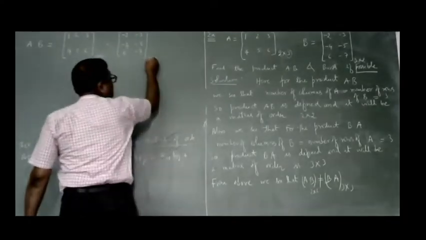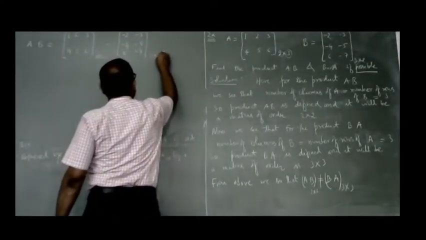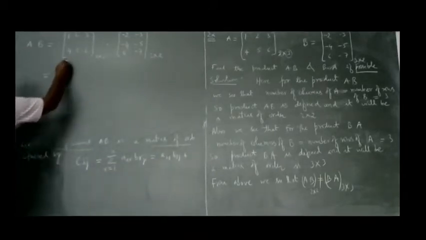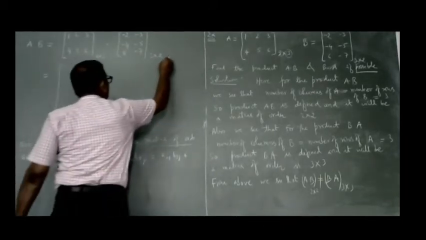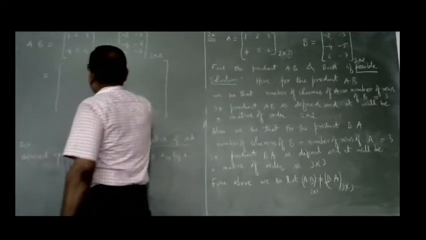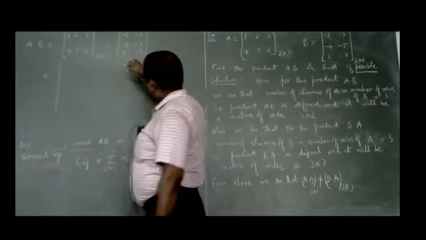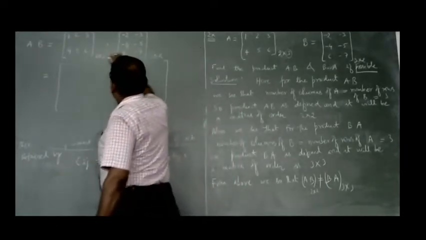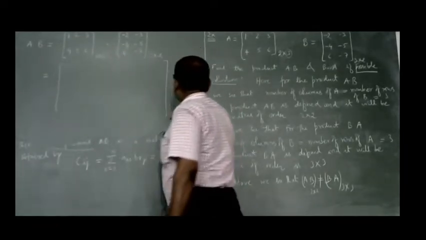And this is the matrix of 3 cross 2. When you multiply A into B, the product will result in a matrix of 2 cross 2.